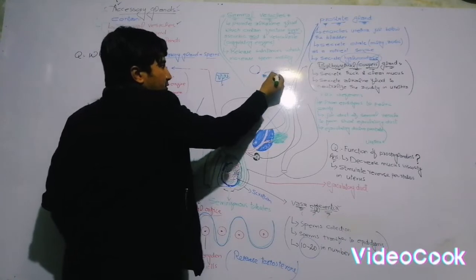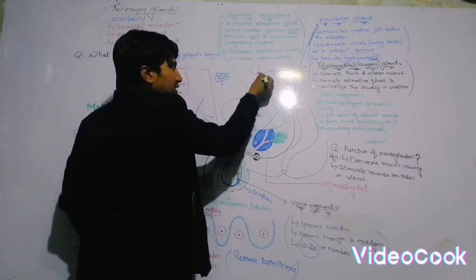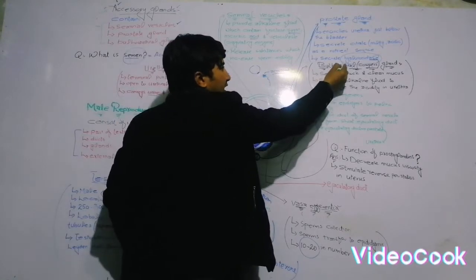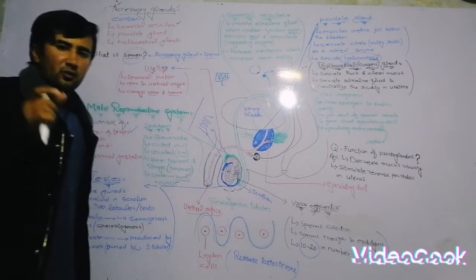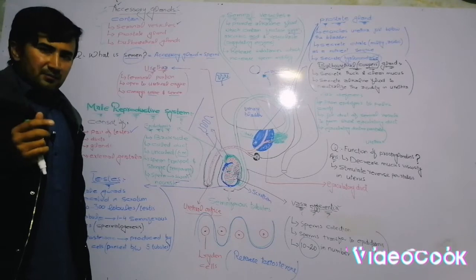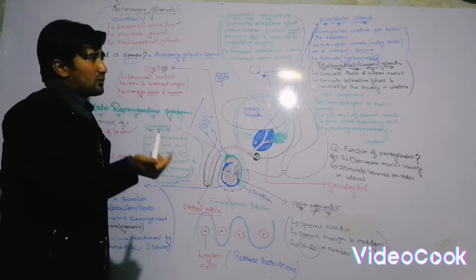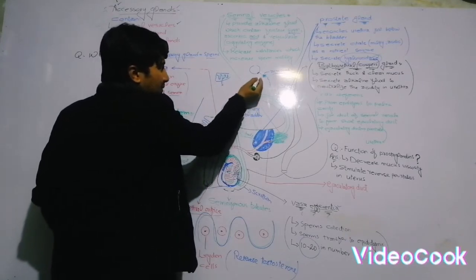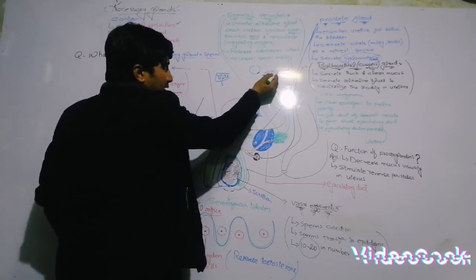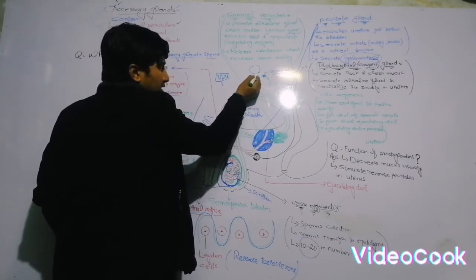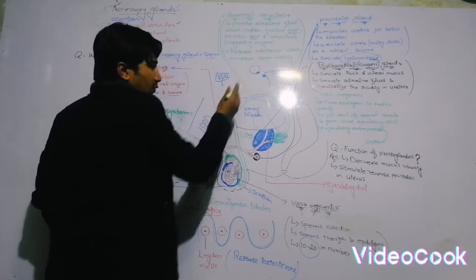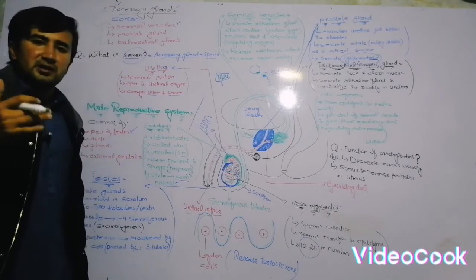The function of the acrosome is to release the hyaluronidase enzyme, which eats or digests the oocyte.